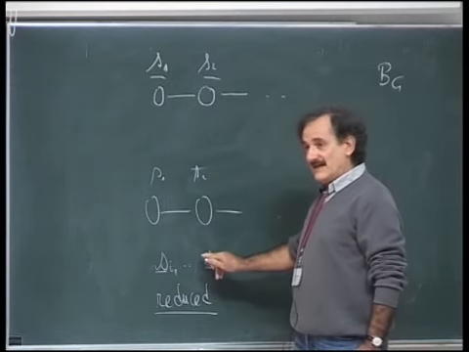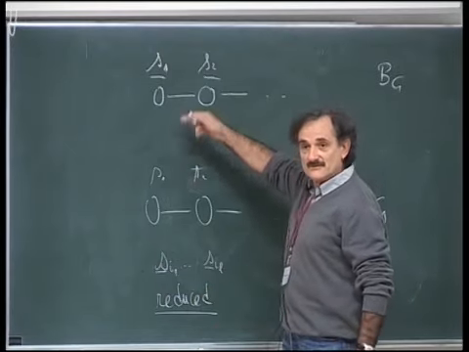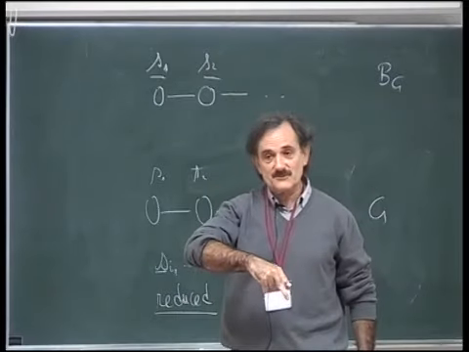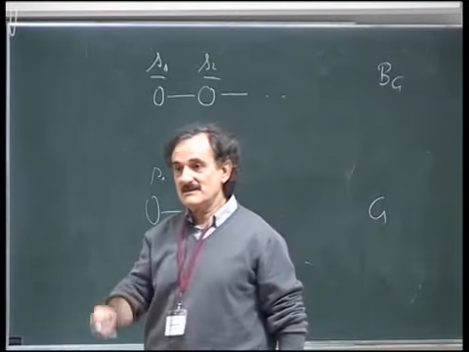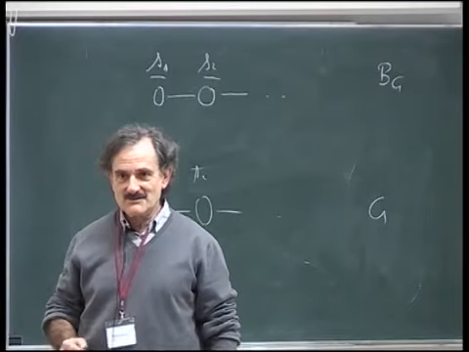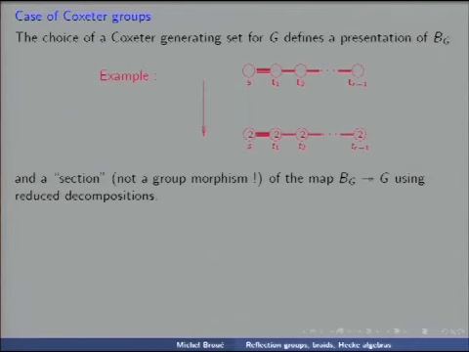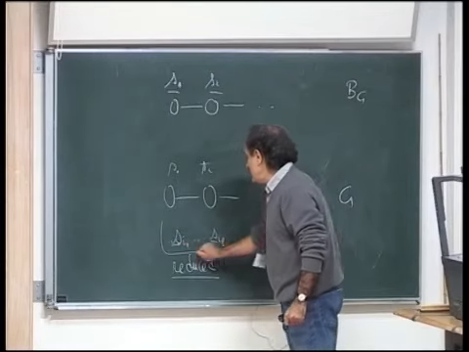And the element you get upstairs does not depend on the choice of the reduced expression, because you go from one reduced expression to another one only by using braid relations. I don't remember the name of this well-known result about Coxeter groups, exchange lemma or something like this. Anyway, you go from one reduced expression to the other one just by using braid relations. So that means that this element is well defined.